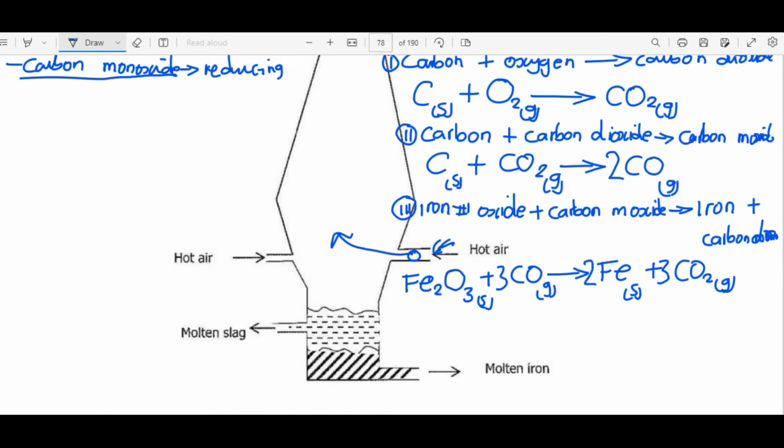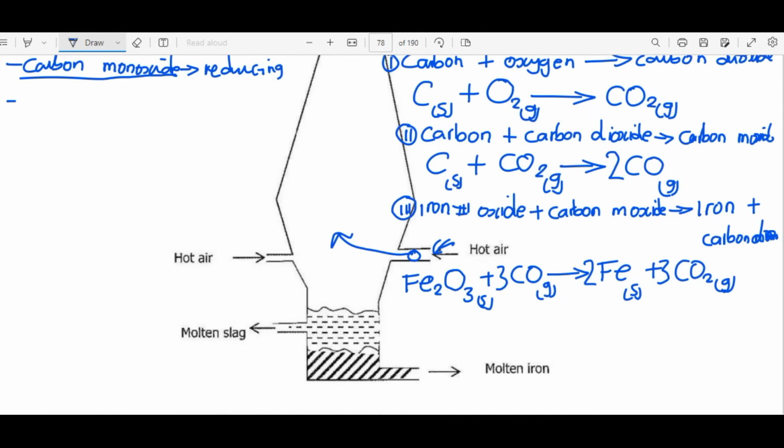Remember, reduction and oxidation occur simultaneously. The carbon monoxide has been oxidized to carbon dioxide, while iron(III) oxide has been reduced to iron.